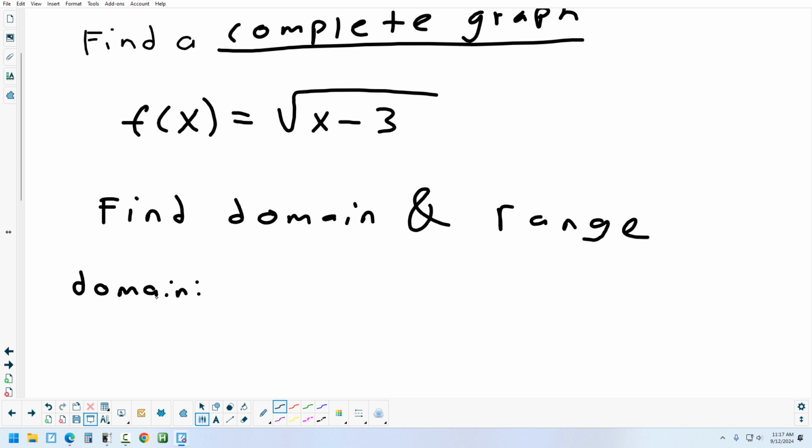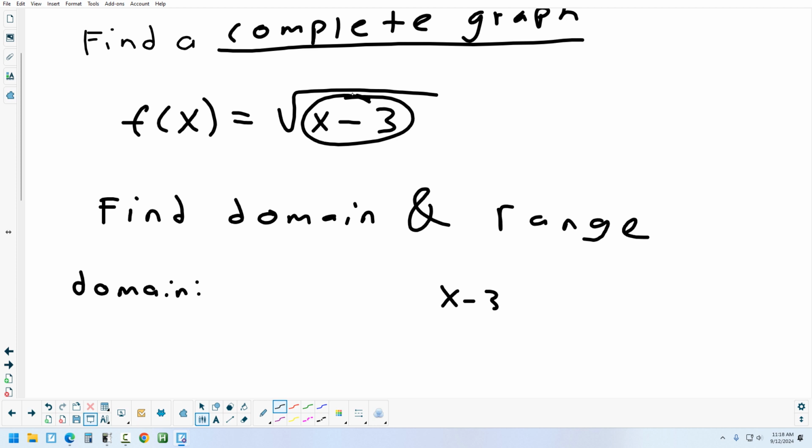All right, well, before we graph it, let's start with the domain. What did I say about taking square roots? You want to make sure that what's under the radical symbol comes out to what number or higher? Yep. 0. It's got to be 0 or higher. I'm not saying you can plug in a 0 for x.